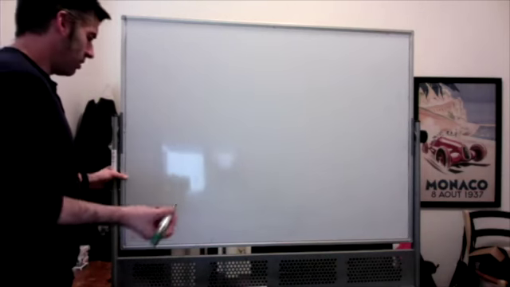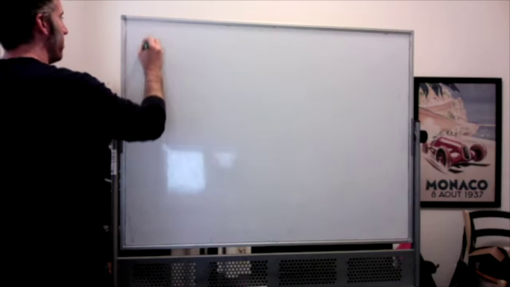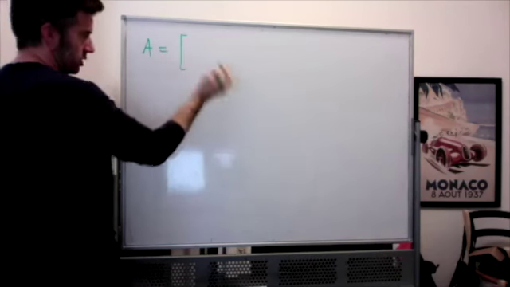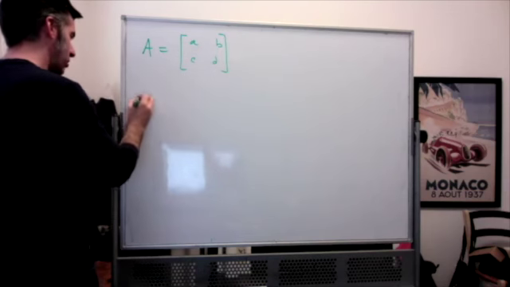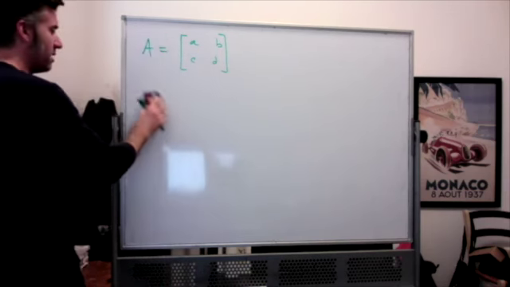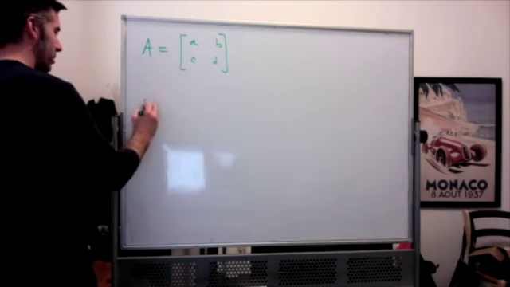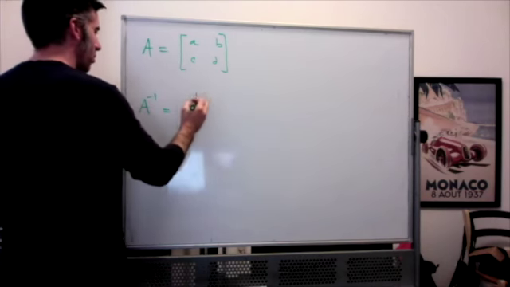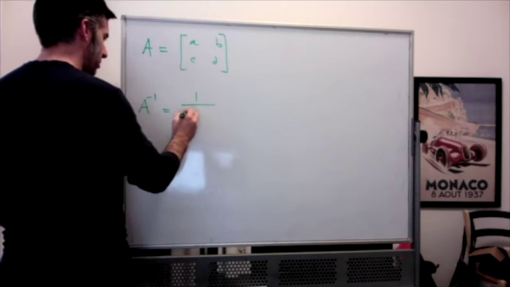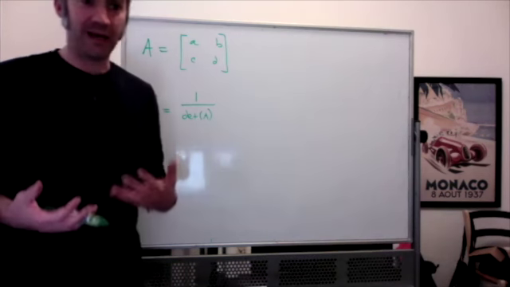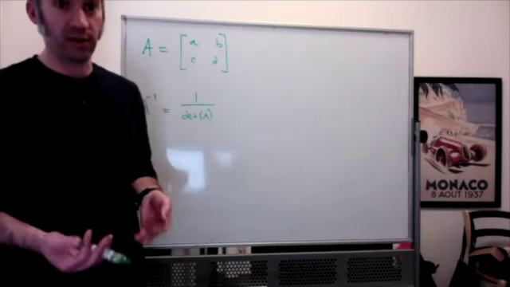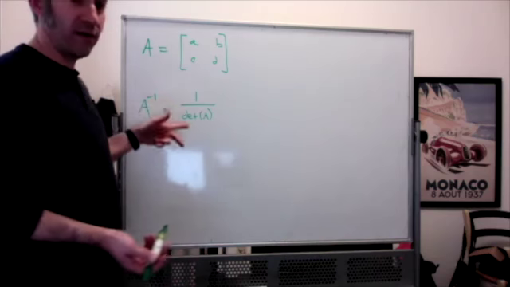Okay, so we know also things about the matrix being invertible. So if your matrix A is equal to a general A, B, C, D, then the inverse of A is 1 over the determinant of A. That's why the determinant has to be non-zero for the matrix to be invertible, because you have to be able to divide by the determinant.